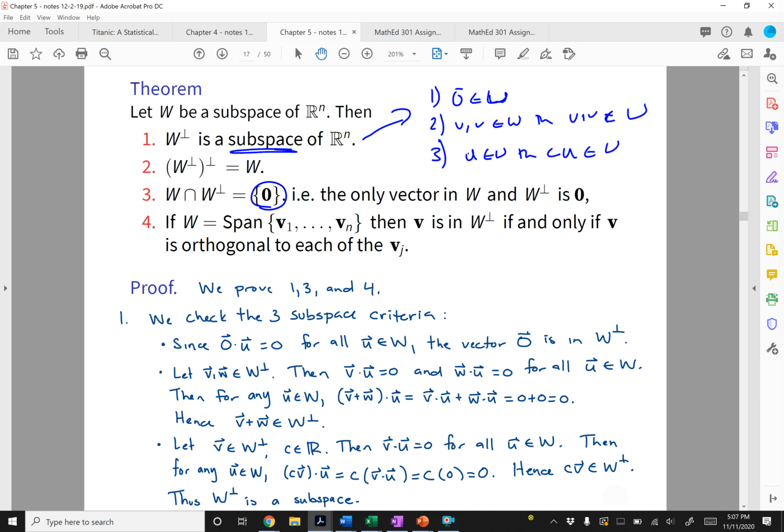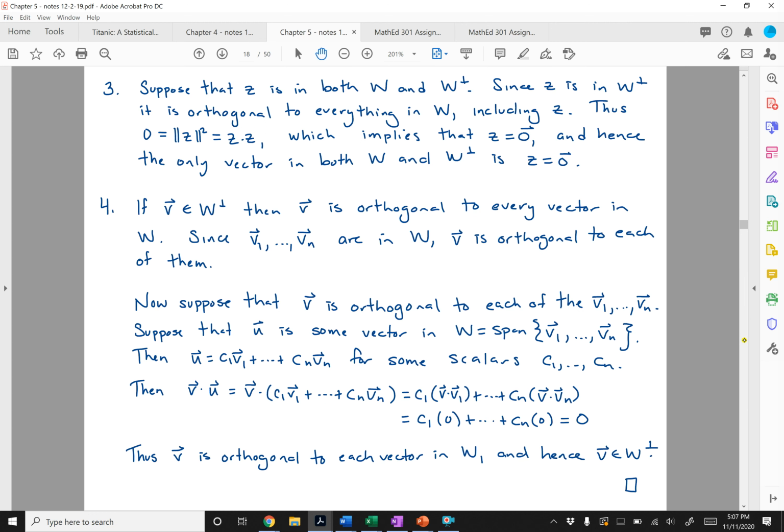And if W equals the span of a bunch of vectors, which is how we're defining this, since you can define a subspace as the span of a set of vectors, then V is in W complement if and only if V is orthogonal to each of these vectors in the span. So it has to be orthogonal to all of those, not just one or a few. I'll let you study the proofs later.